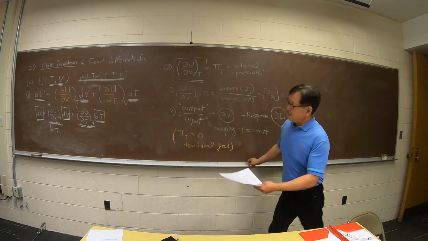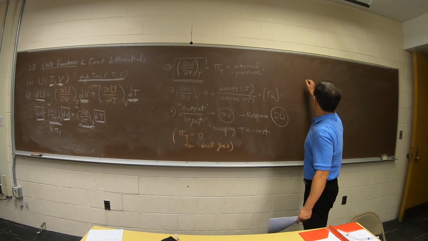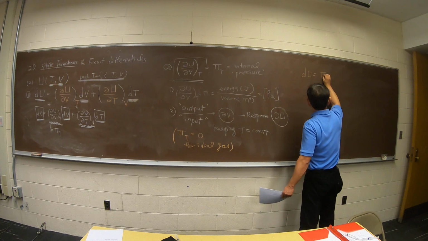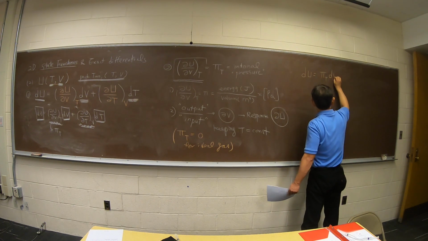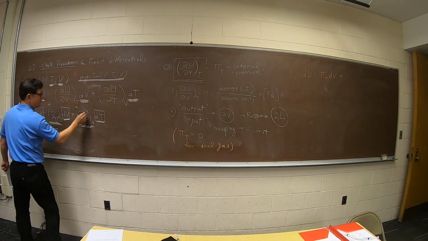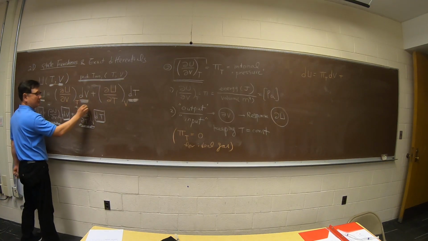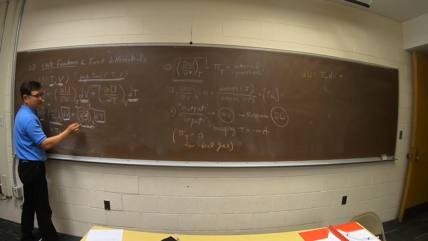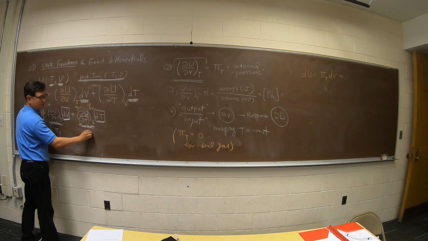So if you do this, the one that once again is here now, this is pi T times the volume change. What about this portion? Internal energy change, which is like a heat under constant volume, and you change the temperature, delta T. You know what this is?